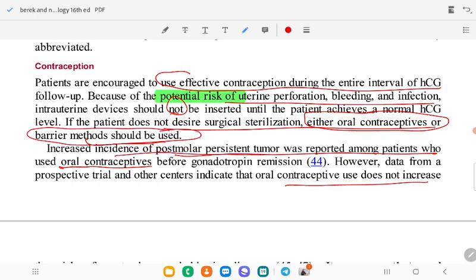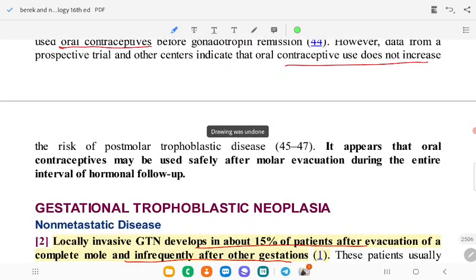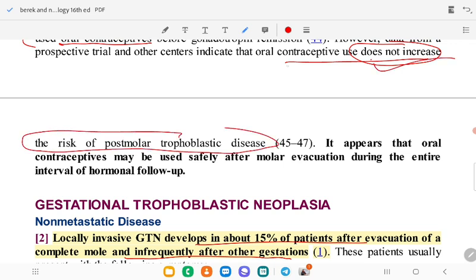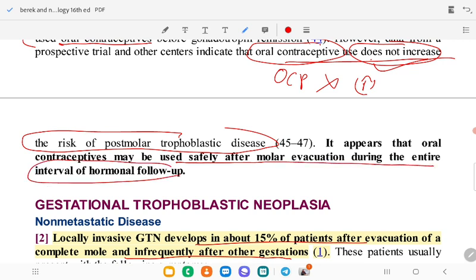There was concern about an increased incidence of post-molar persistent trophoblastic tumor among patients using oral contraceptives, but recent data suggest that oral contraceptives do not increase the risk of post-molar trophoblastic disease. OCPs will not increase it; oral contraception appears to be safe to use after molar evacuation throughout the entire interval.